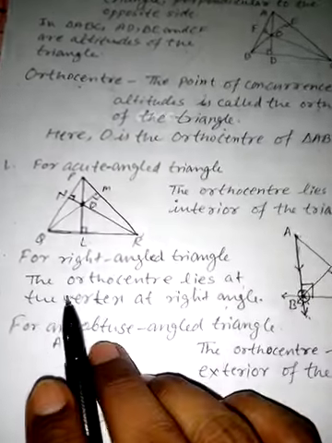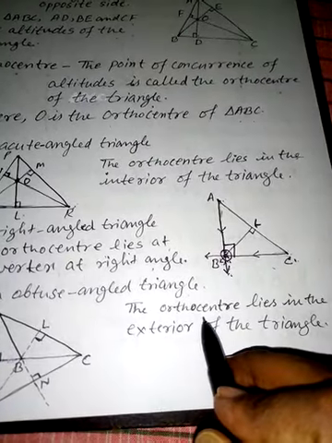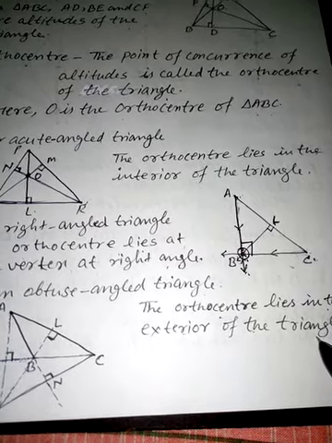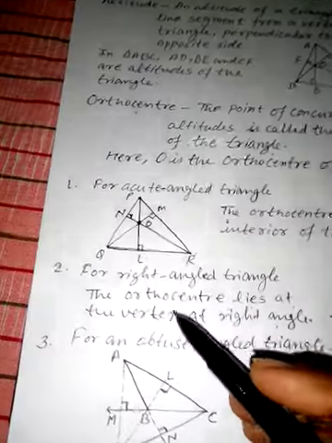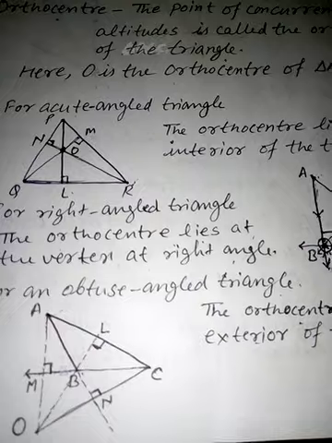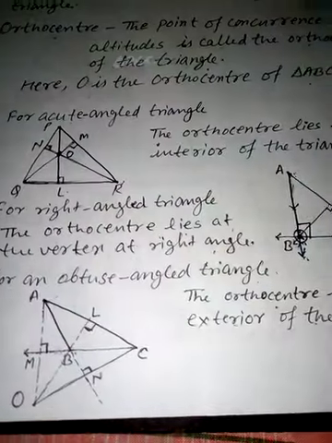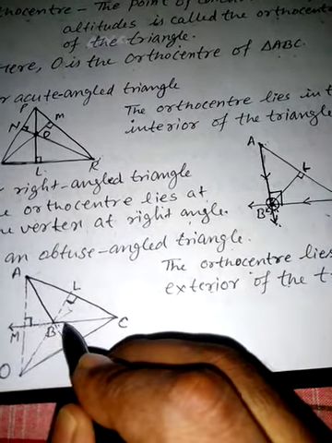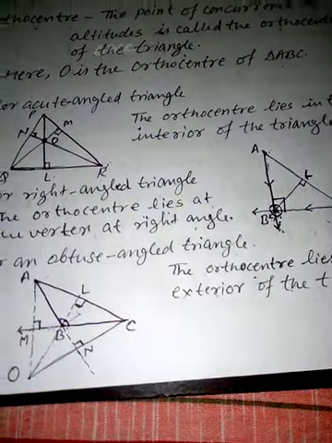Now for an obtuse angle triangle. The orthocenter lies in the exterior of the triangle. How it is possible? The orthocenter lies in the exterior of the triangle. So you can see triangle ABC is an obtuse angle triangle in which angle B is obtuse.